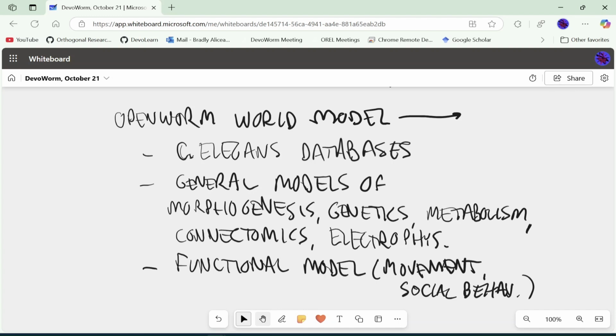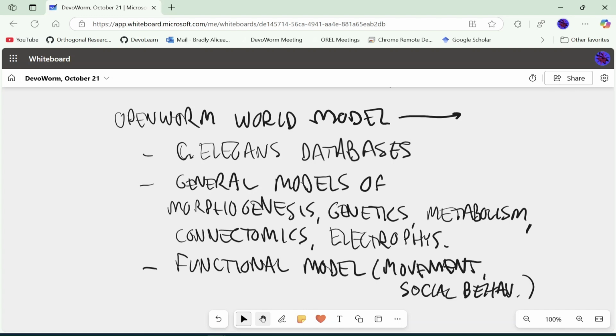These are all available to us through the community. OpenWorm has curated a number of these data sets, as well as some of the other things that exist in the biological community at large. If we go to GenBank or NCBI, we can find a lot of these resources as well. Basically, training on as much C. elegans related data as possible.